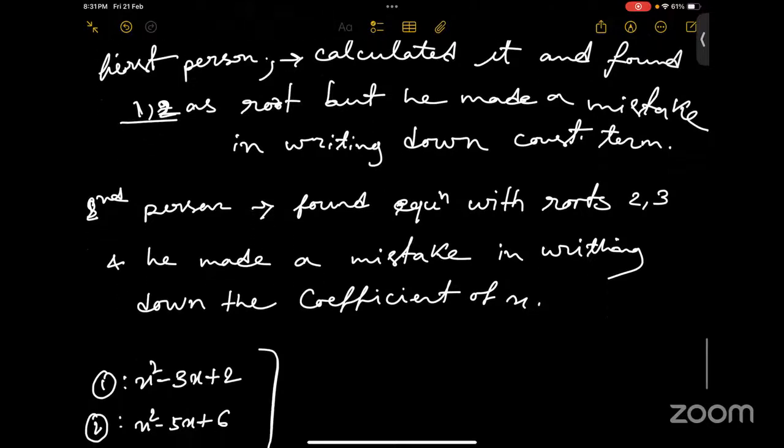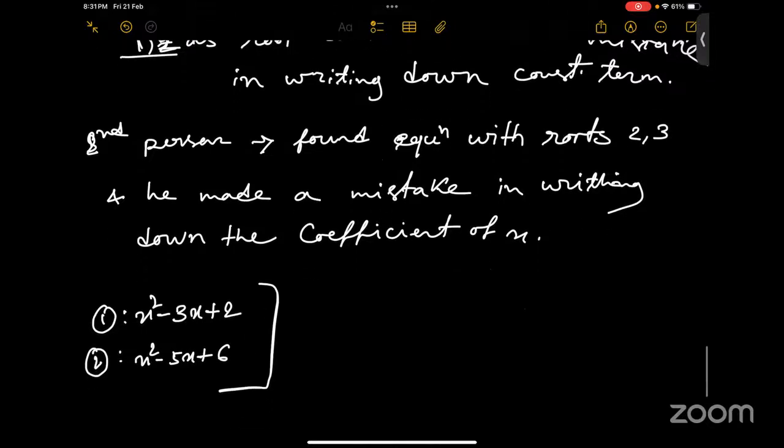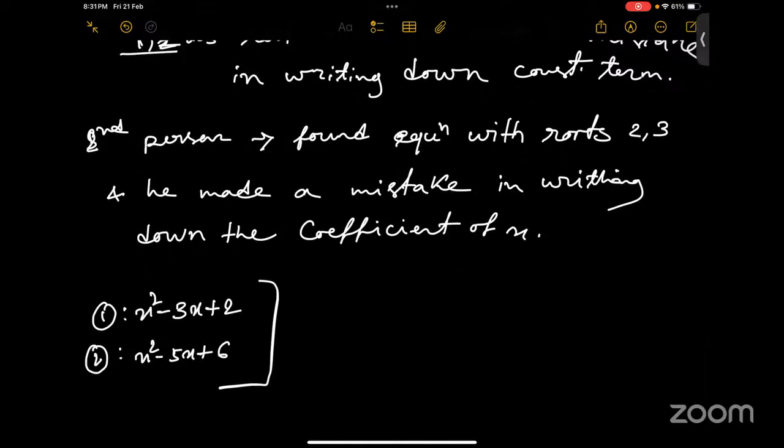And the second person found the equation with roots 2 and 3, but he also made a mistake in writing down the coefficient of x. That means in the second equation, the coefficient of x is not correct. So what will be the final equation then? The coefficient of x, b.